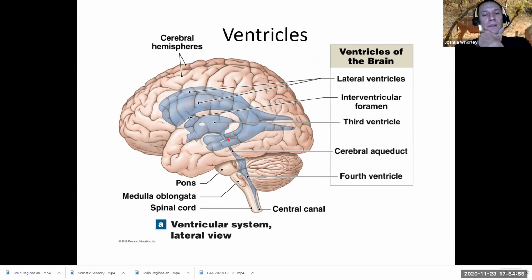And so here, this central canal actually gets quite large, and we get these paired chambers called ventricles. And it's here that we have special ependymal cells that actually produce and secrete the cerebrospinal fluid, as well as move it along with cilia, right? And so these chambers are quite enlarged in the brain.